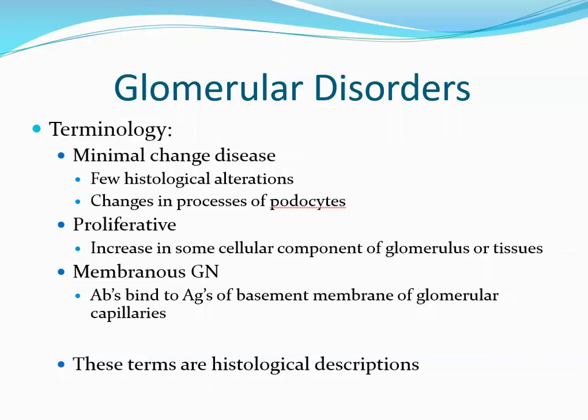These are known as the mesangium. And in this condition, it's these cells that are proliferating, and then they interfere with the filtration process. Membranous glomerular nephritis means antibodies bind to antigens of the basement membrane of the glomerular capillaries, and this interferes with filtration. These terms are for histological description.